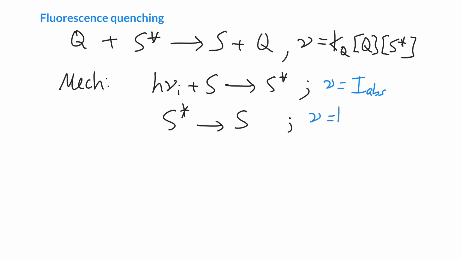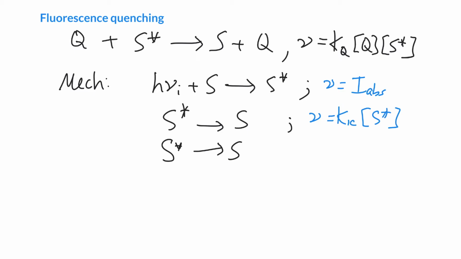So we can write the rate constant for internal conversion times S star, so that's a first order, unimolecular reaction. And remember, internal conversion is where you basically do a conversion into the same spin state, but there's not a radiative transition, so there's no light that comes out. So presumably that excess energy goes to solvent.